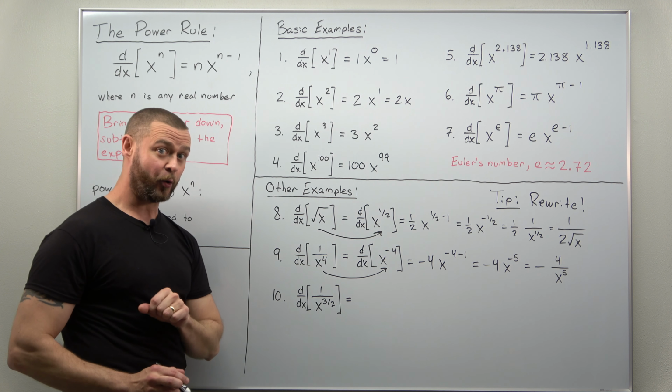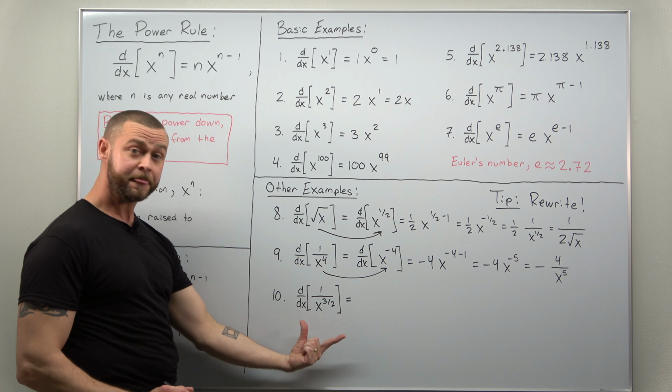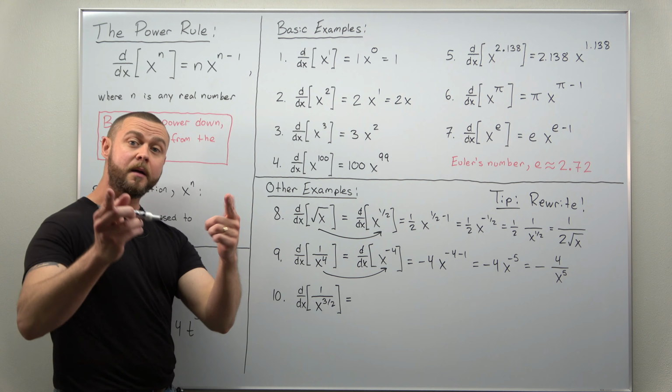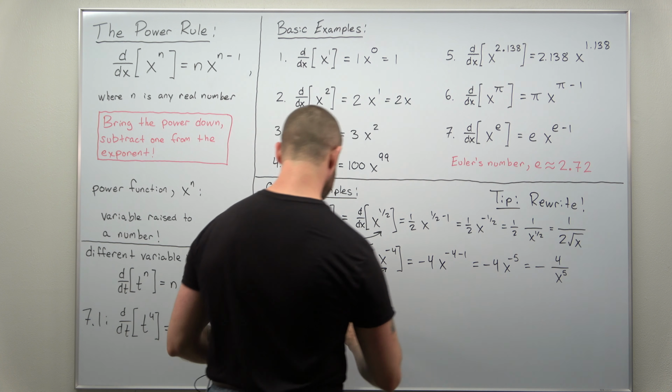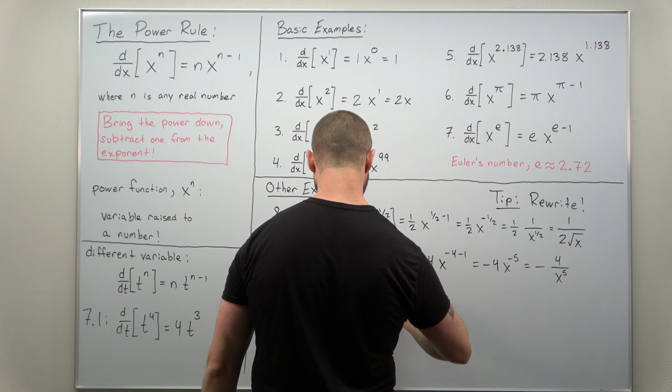Rewrite it as a power. All right, let's take a look at the last example here. It's pretty much the same as above, but a little more complicated because you're going to get now a negative fraction for the power.